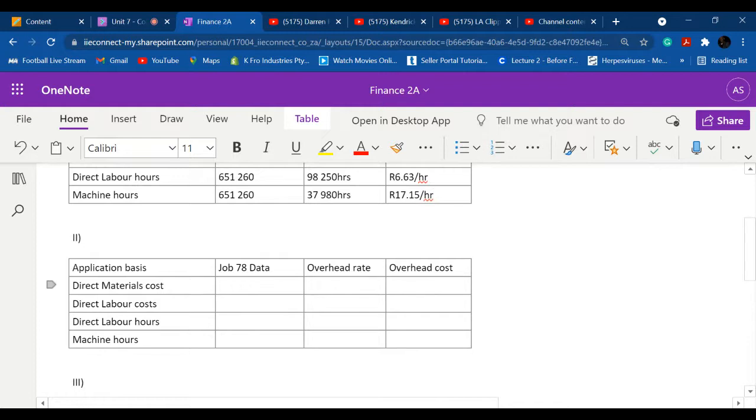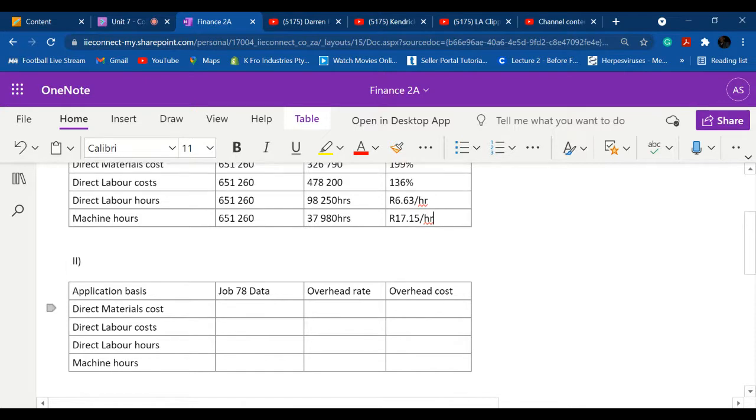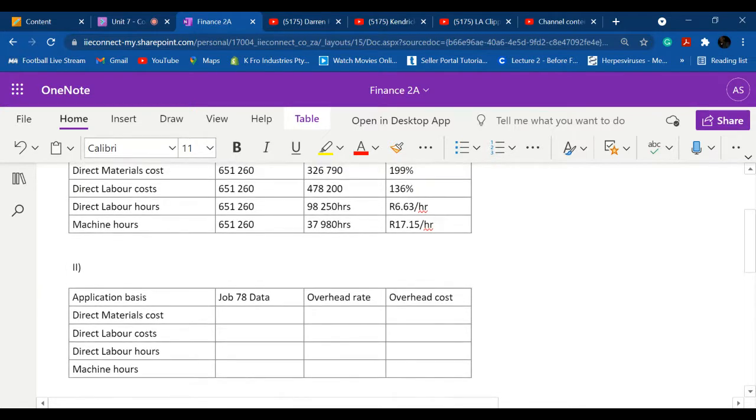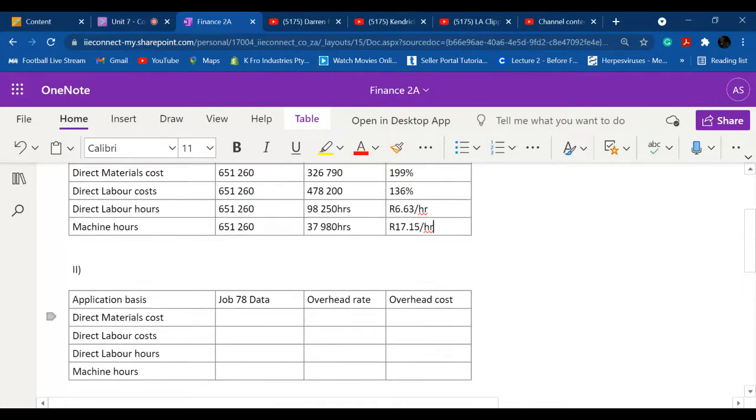Assume the following data for the job. Okay. So here we're saying direct cost. Let me scroll up just a bit. Hopefully we can squeeze in. Perfect. Okay.